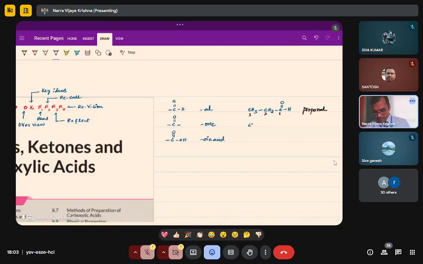Then what about this one? What is the name of it? 1, 2, 3, 4. Ketone. Butan-2-one. What about this one? What is it? Propanoic acid.